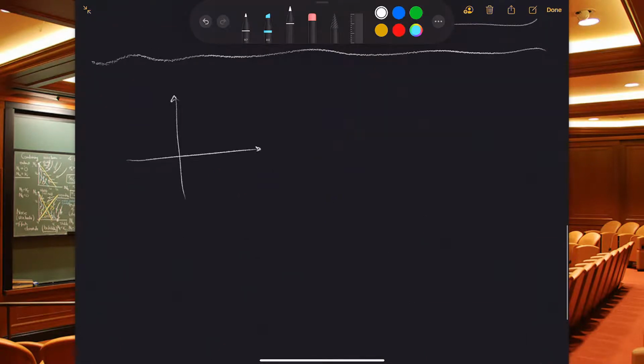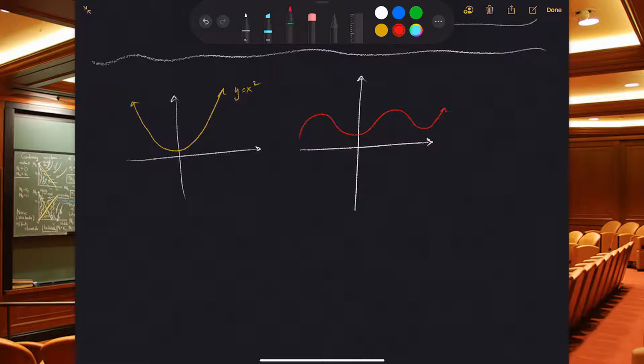You might have seen some of these things before, like the parabola here, and maybe another graph might be the periodic function, right, which measures things that oscillate.